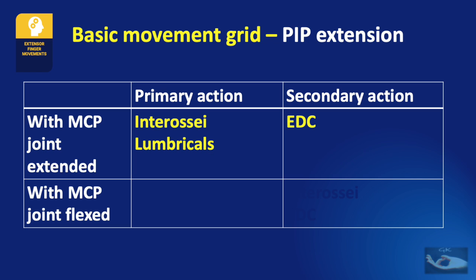When the metacarpophalangeal joint is flexed, it is the lumbricals that take over because the interossei are primarily involved with metacarpophalangeal joint flexion. But secondary action is by the interossei and the fibers of the extensor digitorum communis.